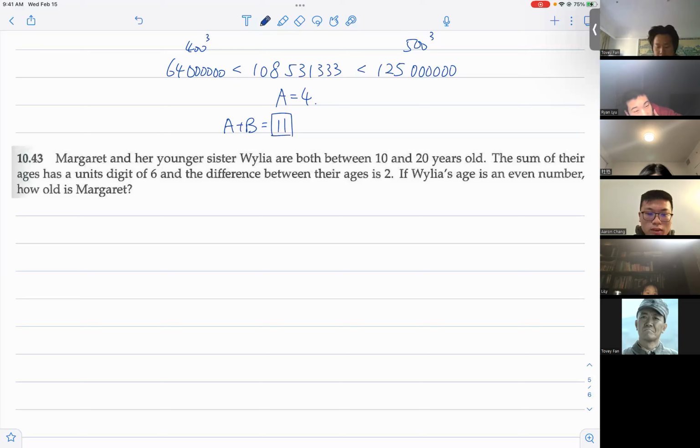See, it's pretty easy, right? So the difference is 2. We're told that Wadia's age is an even number, so you only have 0 and 2, or 2 and 4, which will give you a 6. 4 and 6 doesn't give a units digit of 6 when you sum it up, 6 and 8 doesn't give you a 6, and 8 and 0 doesn't give you a 6.